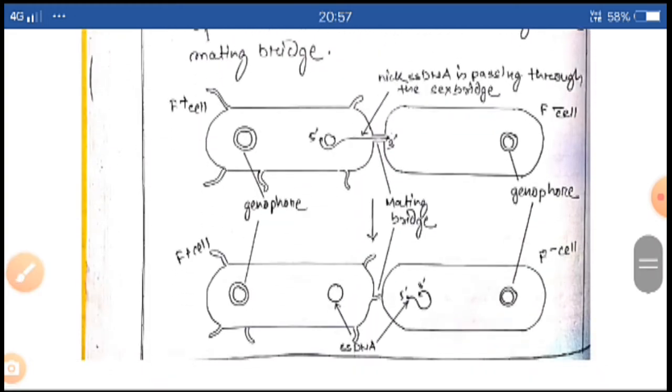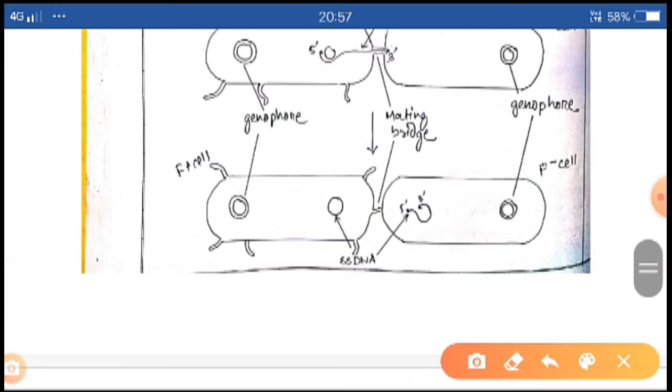Now, due to the transfer of the single-stranded DNA strand, the F minus will get a strand from the F plus cell, and the F plus cell's plasmid will itself be in a single-stranded condition.